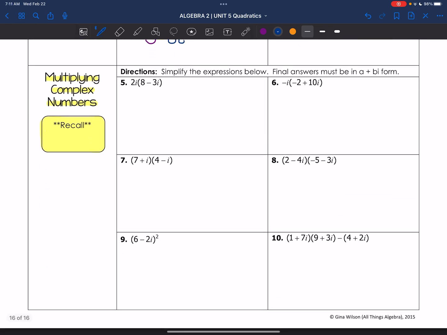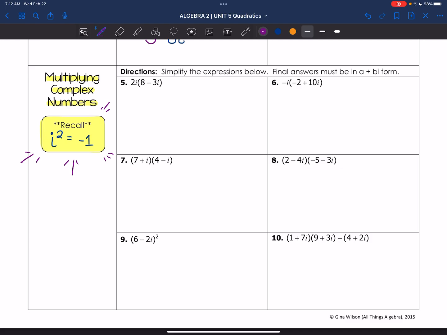And last of all, the operation that we're going to close with here is multiplying complex numbers. And I do want you to recall from earlier in this unit that when we have i squared, that simplifies to negative 1. This is very important to recall. It will help us tremendously in simplifying.